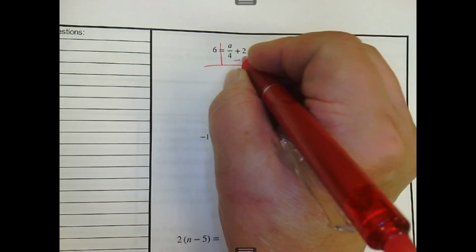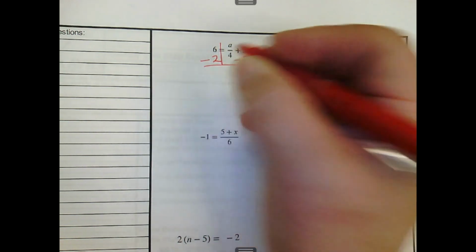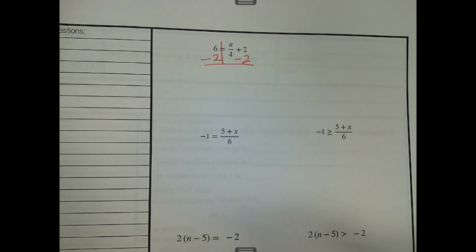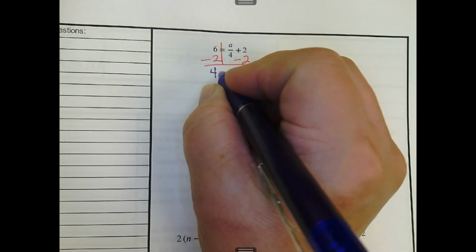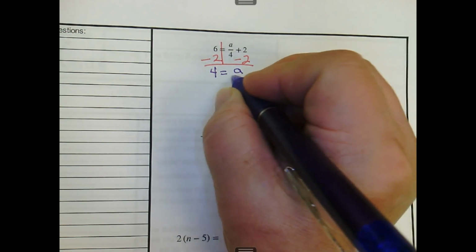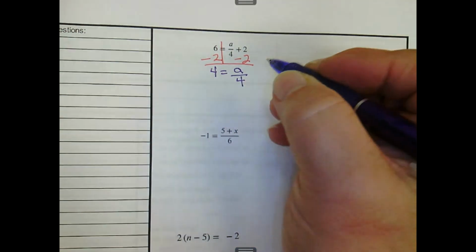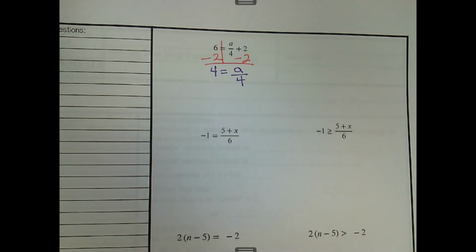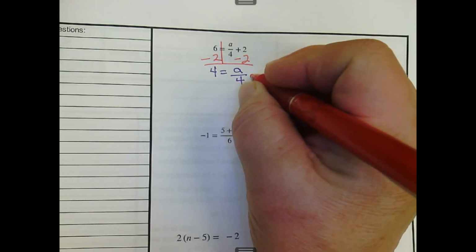Well, you subtract 2 from both sides. 4 is equal to a number divided by 4. What was the last thing I said? Divide by 4. How do I undo dividing by 4? I multiply by 4.